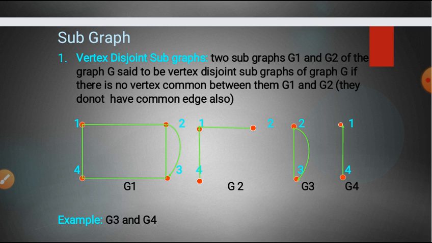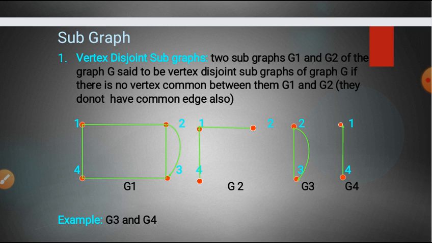So we can see the first example: in G1 we can see 4 vertices. In G2 there are 3 vertices. In G3 there are 2 vertices with 2 parallel edges, and in G4 there are 2 vertices, 1 and 4.